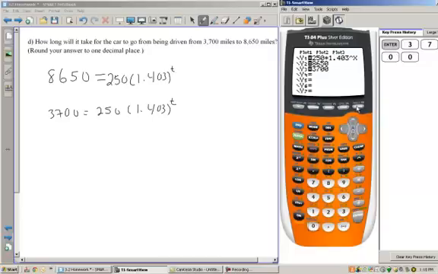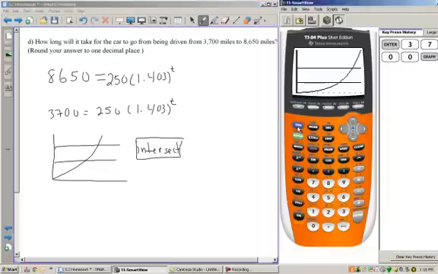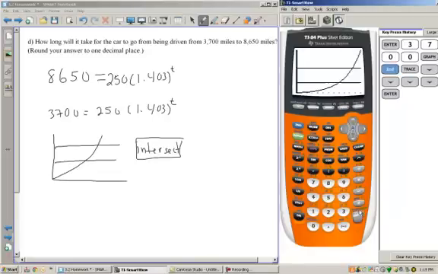Then I can hit my graph, and you'll see I don't have one line crossing my curve. I should have 2. So over here I'll draw my graph, and you can see I have 1, 2, and I'm going to look for where each of these lines intersect my curve. So I'll hit second, trace, go down to intersect, and hit enter.